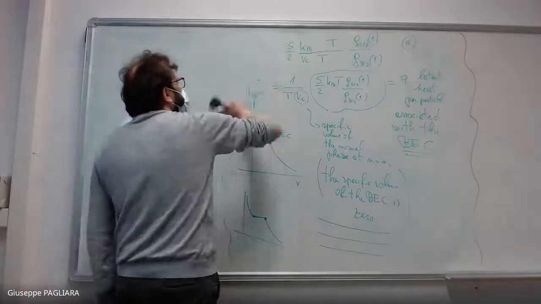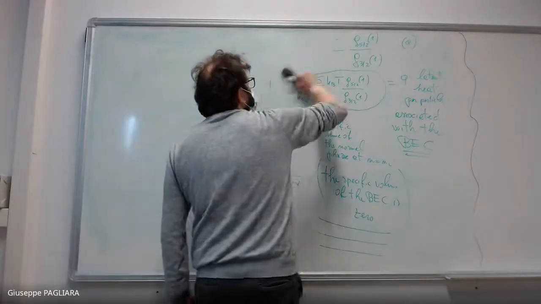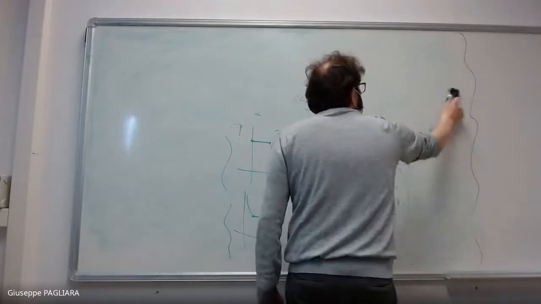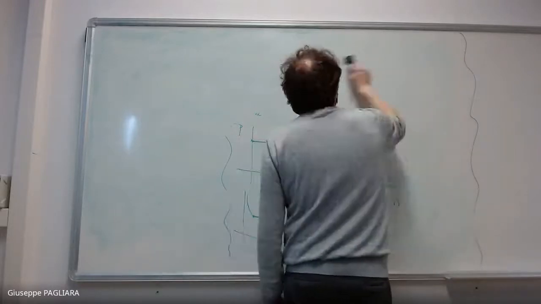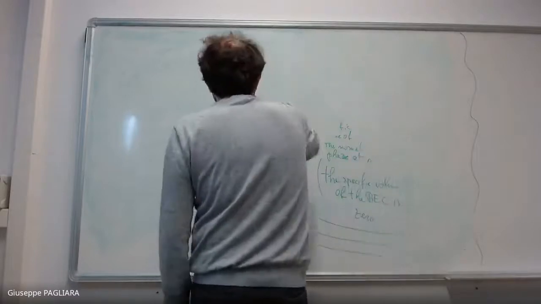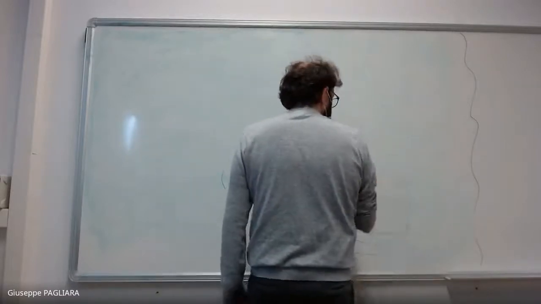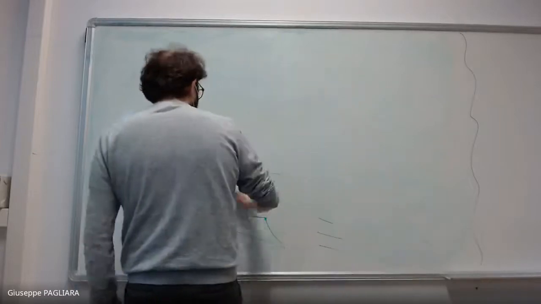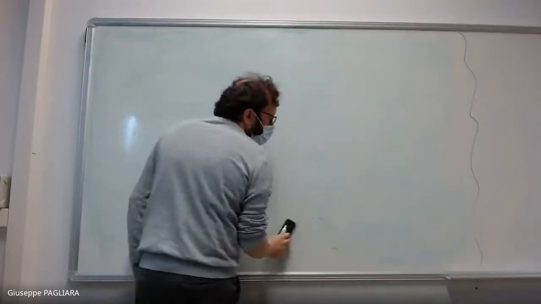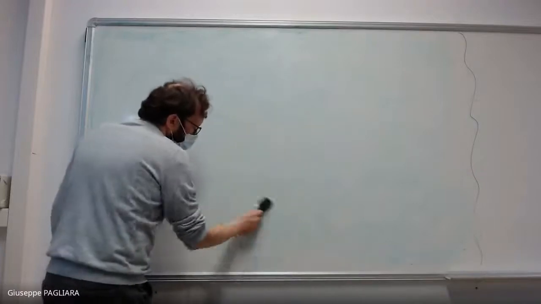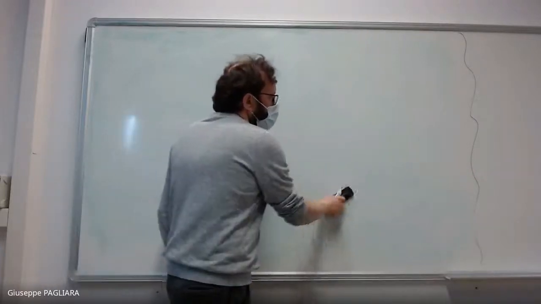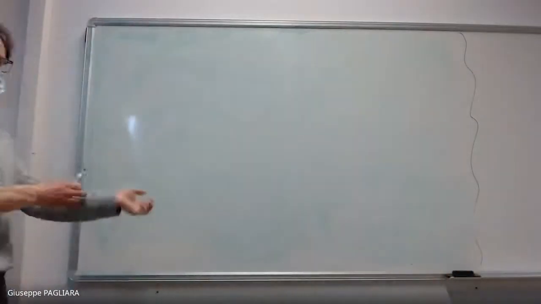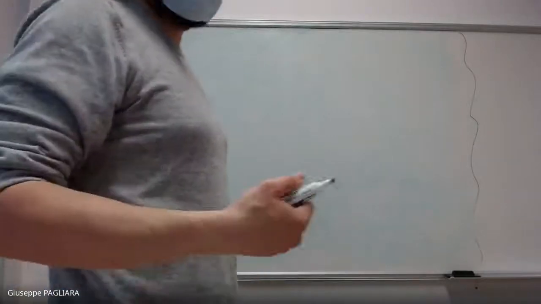Now the other quantity that I would like to compute is the specific heat of this boson gas, in particular close to the critical point for the BEC. We will see that there is a discontinuity, not of the specific heat, but of the derivative of the specific heat. And when we have discontinuity, is again a situation that's typical of phase transition.